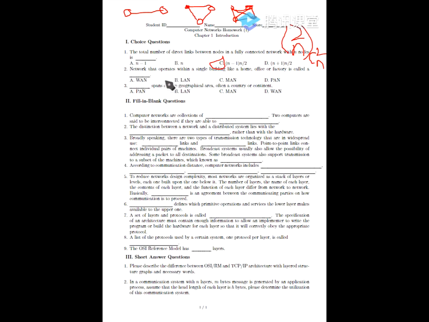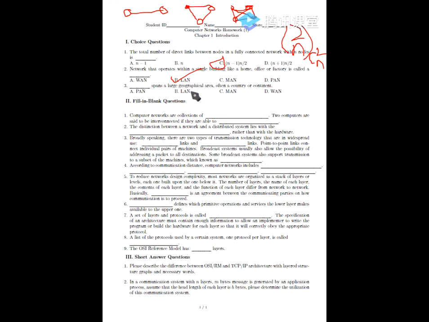The network that operates within a single building, like a home, office, or factory, is called a LAN, right? A network that operates within a small area, like a home, office, or factory, is called a local area network.